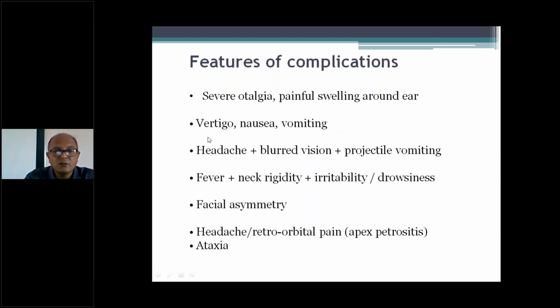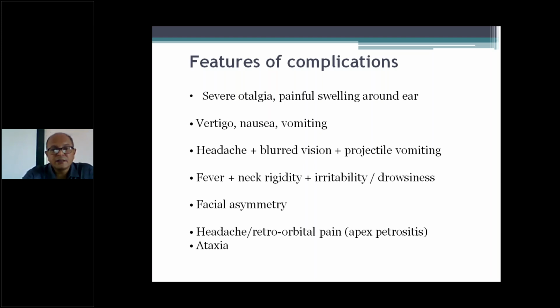Vertigo usually indicates a fistula into the bony labyrinth, most commonly seen in the lateral semicircular canal. Headache, blurred vision and projectile vomiting are features of papilledema and can be seen in lateral sinus thrombophlebitis and even in brain abscess.